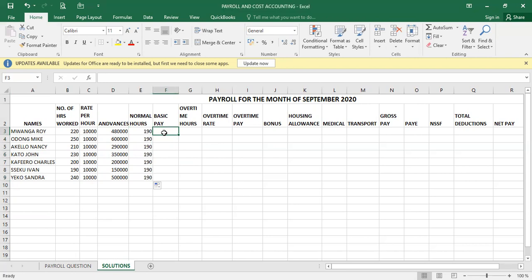So here we can go ahead and compute our basic pay, because we've got the number of hours we've worked, we've got the hourly rate, we have the advances, the column for normal hours, then the column for basic pay and overtime.